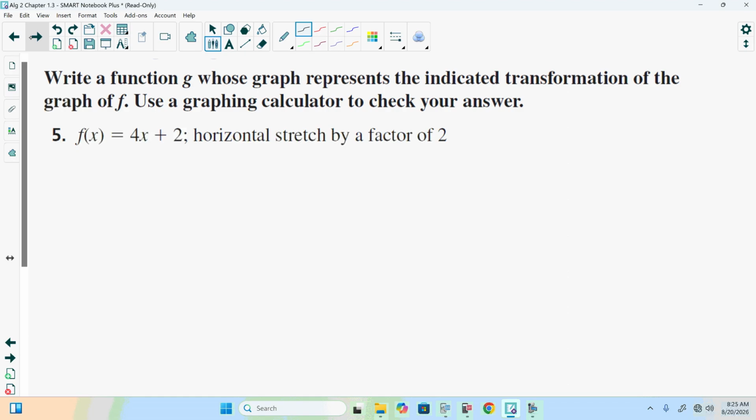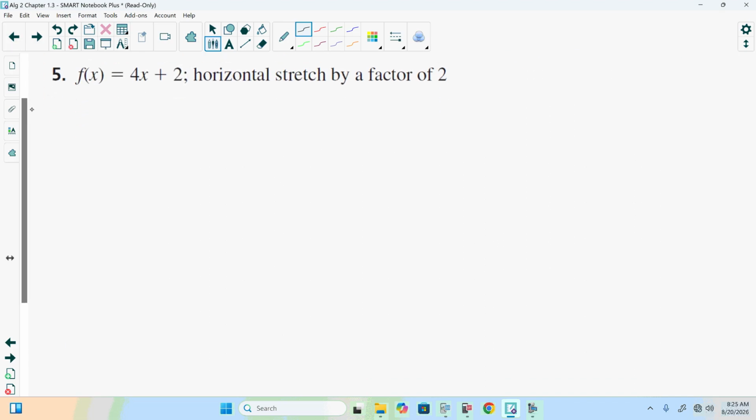So this one here, we skipped that one. I just didn't include it. So if you want to write this on that space, that's fine. We'll call it g of x, f of a times x.